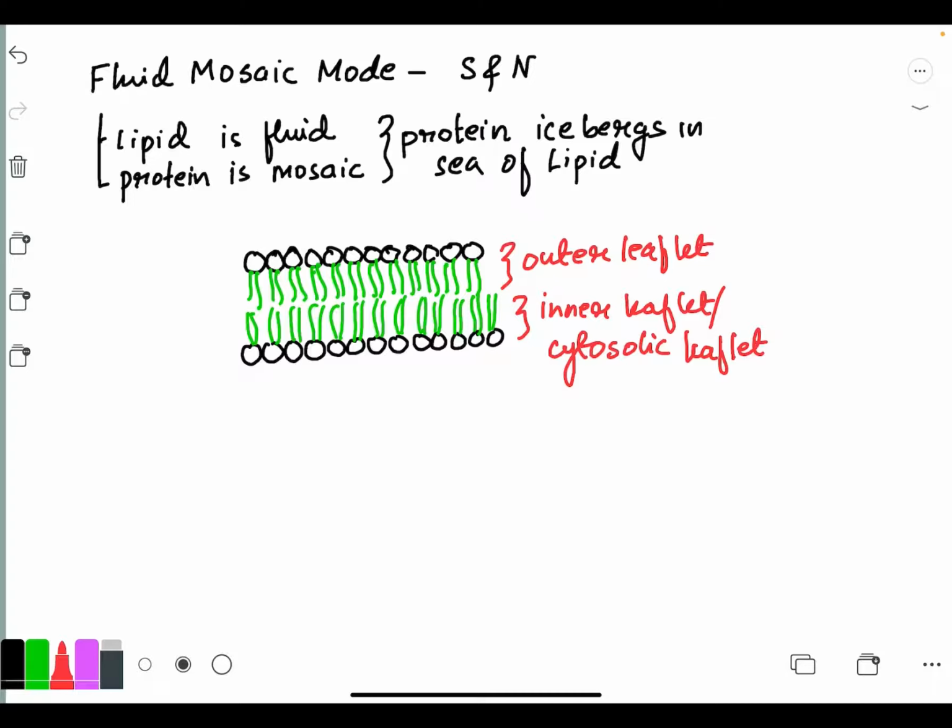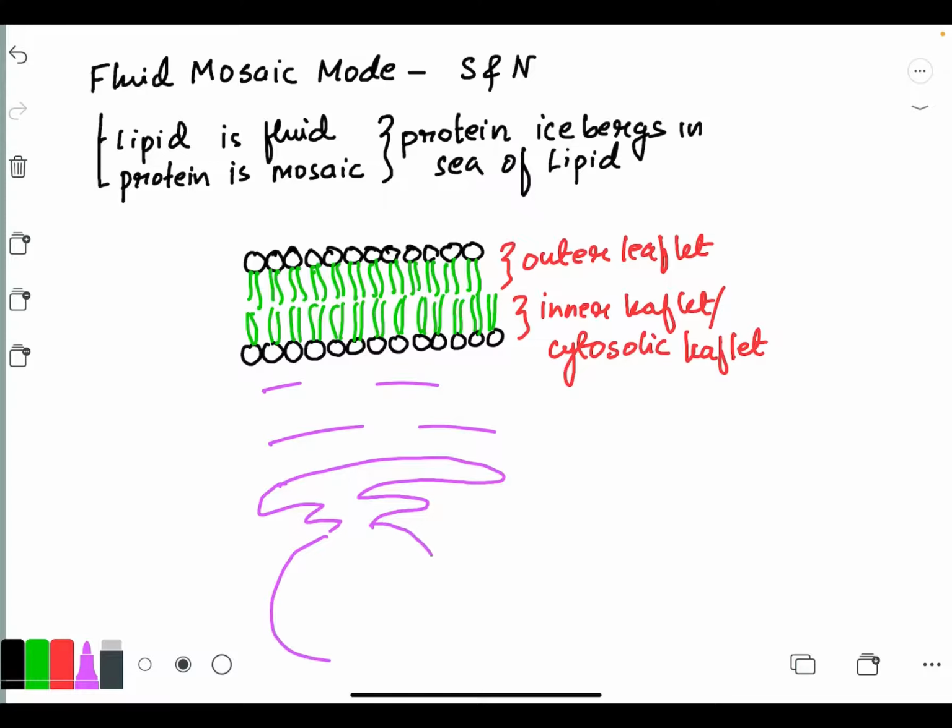So basically this violet part is the cytoplasm. Consider this as the endoplasmic reticulum. Then comes the nucleus, right? Okay, so this part is the cytoplasm and this part is extracellular.